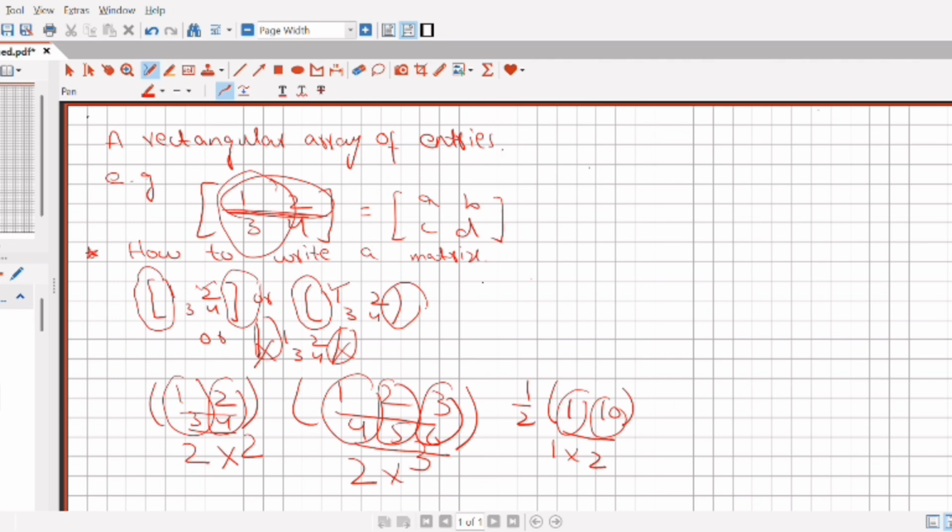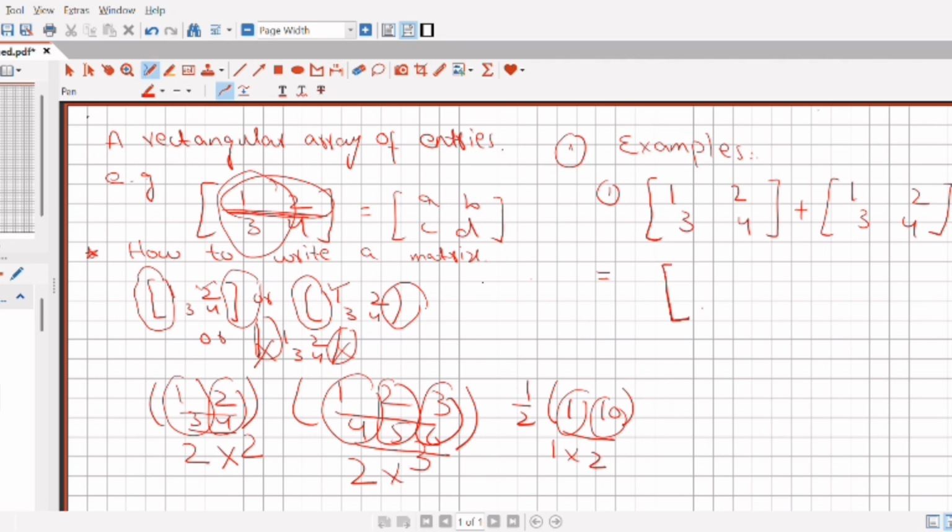Now I will give you short examples of how we add, subtract, and multiply matrices. First example: 1 2 3 4 plus 1 2 3 4 equals, and the answer should be in matrix form.